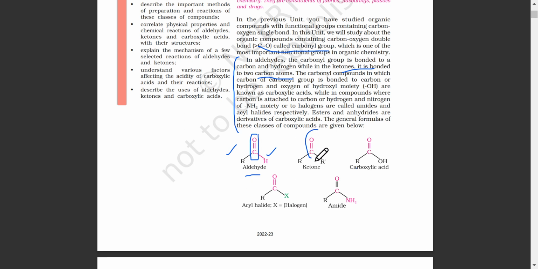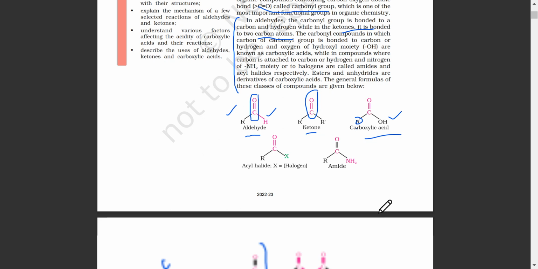If it has alkyl on both sides, then it'll be a ketone. Say it has an alkyl group on one side, and on the other side you'll have an OH moiety. This is a carboxylic acid, which we'll be discussing in detail. Then you have an acyl halide, say you have a halogen atom, then you have amides, NH2 amine group attached to this constant moiety, the carbonyl group. And all of these will be discussed in the lesson.